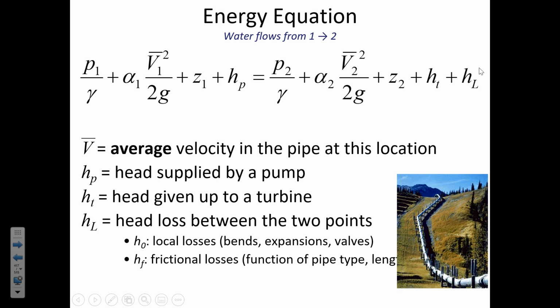What we're saying is that the amount of energy at 1, plus energy added by pump, equals energy at 2 plus energy loss due to, like, you'd be losing energy from extraction at a turbine, pipe friction, and local losses.